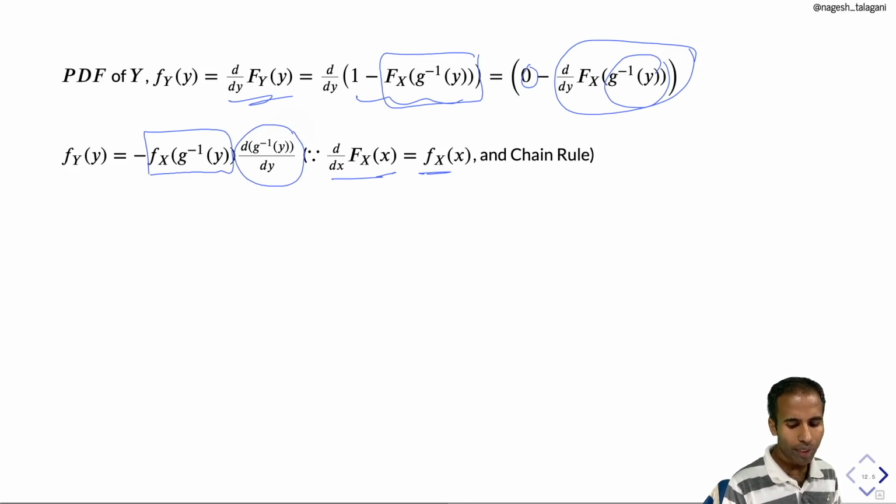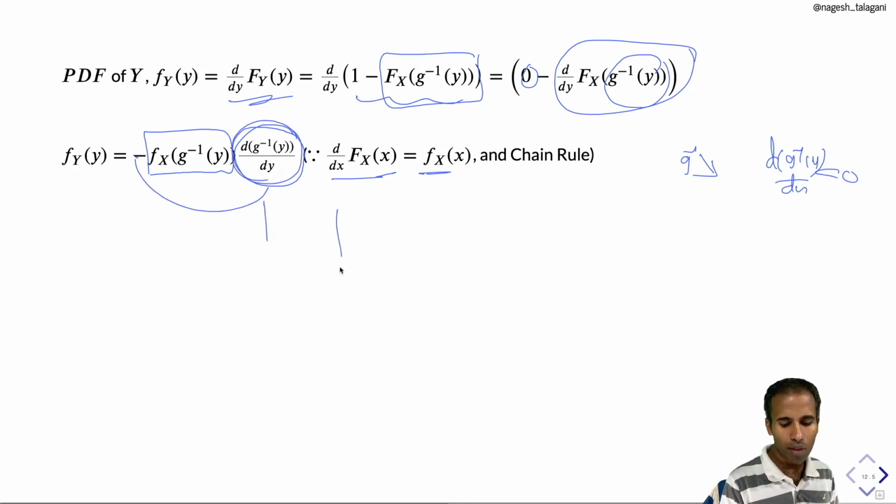Now since G inverse is decreasing, the derivative of G inverse y by dy is going to be negative. This is negative and we have a minus. Both we can put together and put a modulus on the derivative of G inverse y by dy.